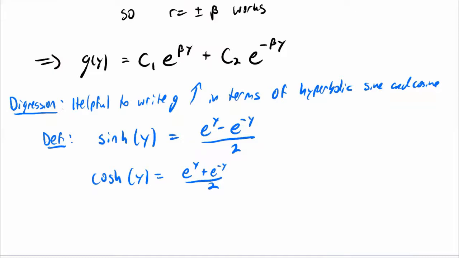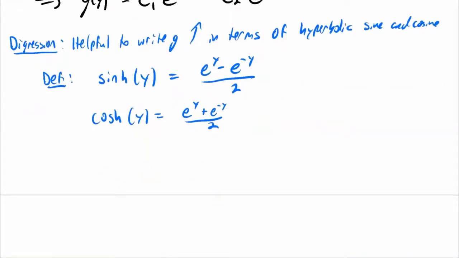And so these formulas should look formally kind of familiar to you if you think back to our complex definition using complex exponentials of sine and cosine. These are kind of like the analogs if you don't have complex numbers here. So these are just real numbers y. And so these are the definitions of hyperbolic sine and hyperbolic cosine.